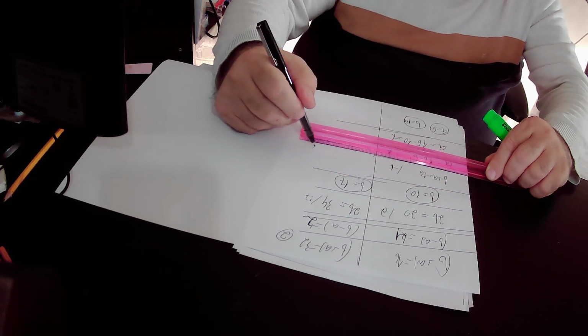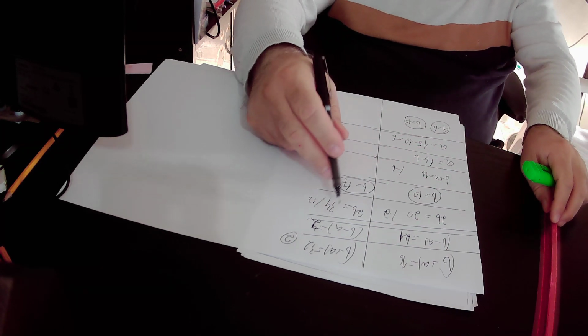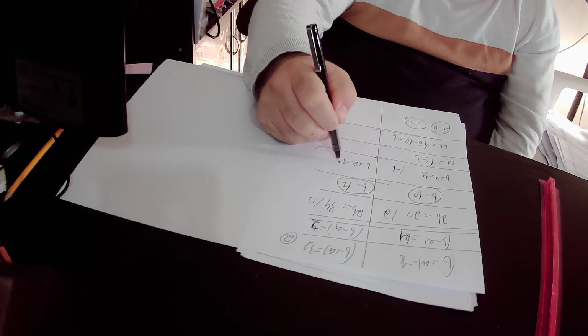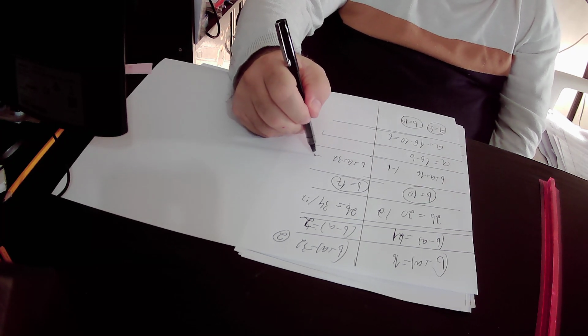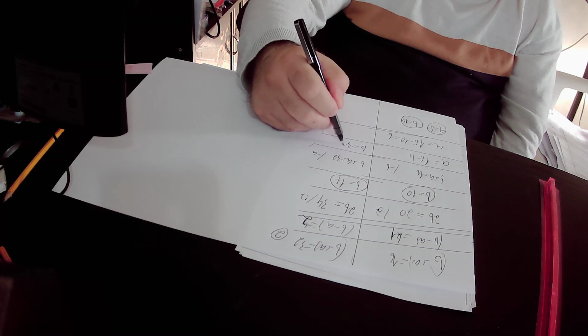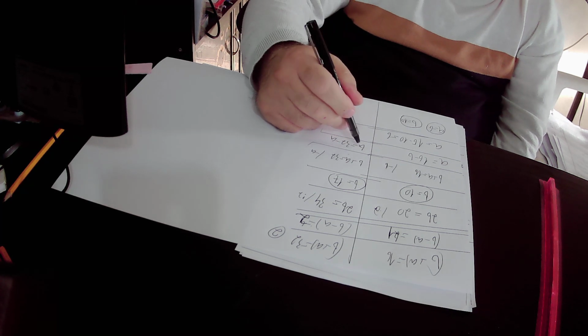And according to this equation, B plus A equals 32.